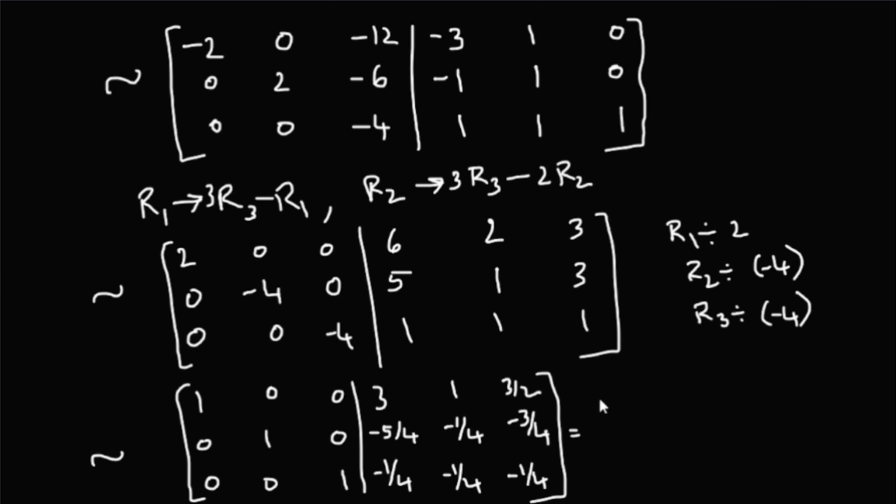Now this is nothing but the identity matrix, right? We have got the first matrix A reduced to identity. And the second one must be A inverse. This is A inverse. Okay. So therefore, we have to express the answer finally.